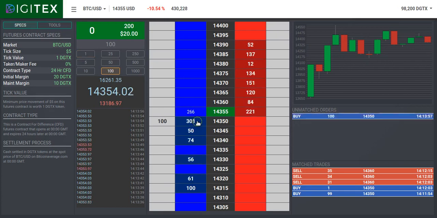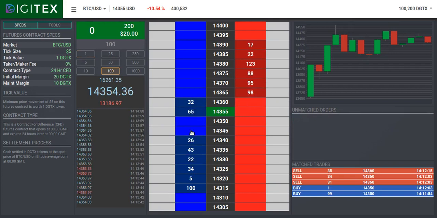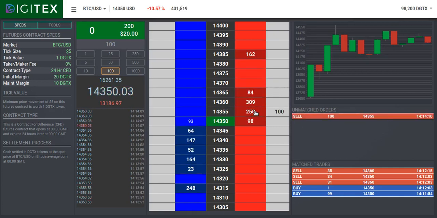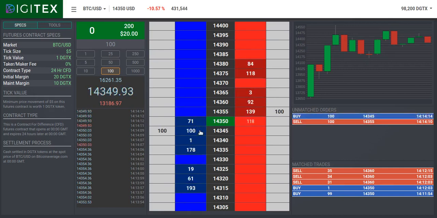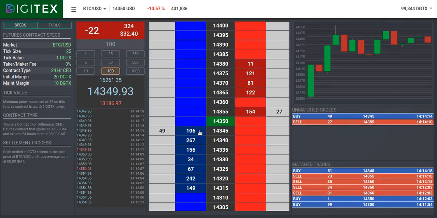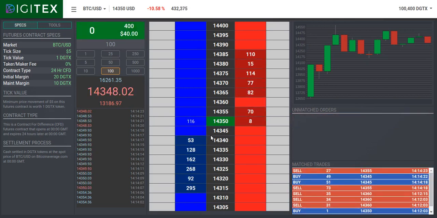So you can still run around placing trades, canceling them, all just one-click trading on what is a very volatile futures market, but you can do it all on one page without the price constantly flying off the top of the page and off the bottom of the page because it's so volatile. So that's what these large tick sizes allow us to do. They allow us to use this one-click ladder trading interface, and look at that, very nice.